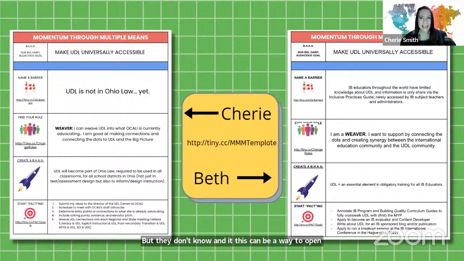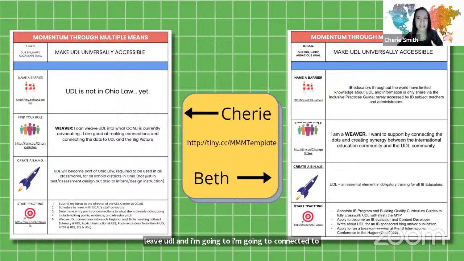And not just in tests, like it's mentioned in ESSA, a lot around tests. Yes, we want students to be able to show what they know, but we want them to be able to learn that way and engage. And what about the expert learner? So I started thinking, okay, what are some steps? Well, I'm going to meet with the director of Ocali, and we're going to talk to that advocate. And I've already done that. Every time I'm a part of a group where I can weave UDL in, I'm going to connect it to our literacy work.